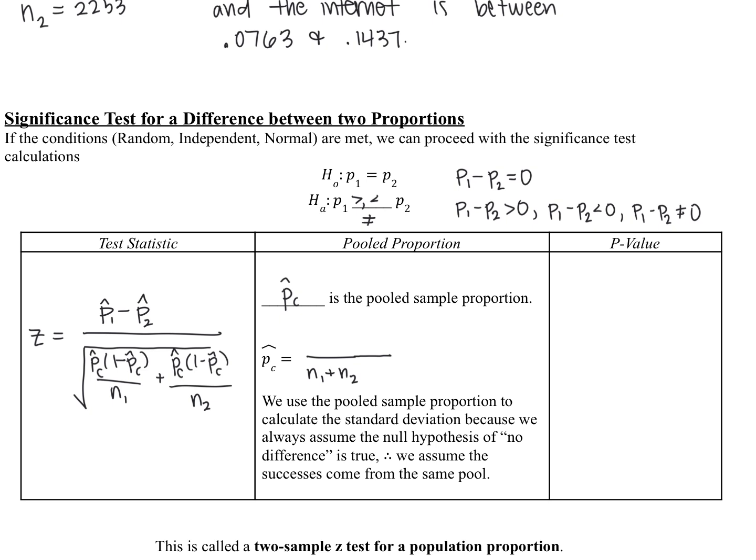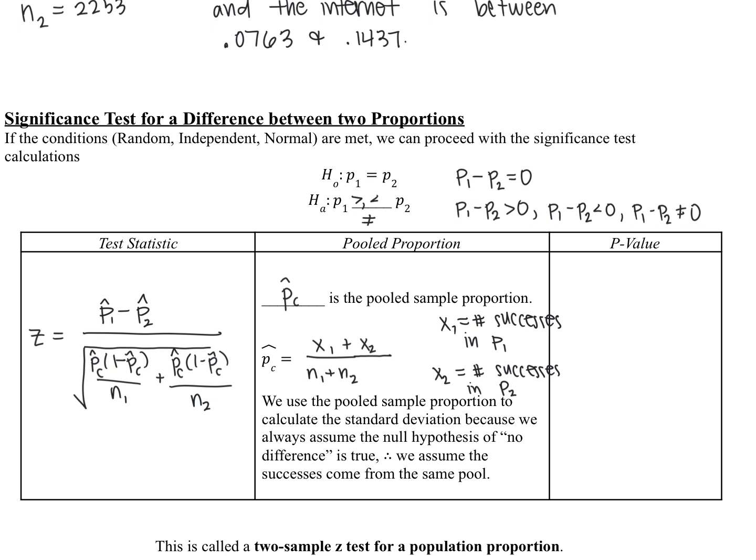So we would say it would be x1 plus x2 over N1 plus N2, where x1 is the number of successes in P1, and x2 is the number of successes in P2. Okay.